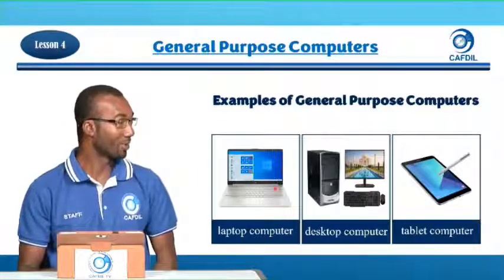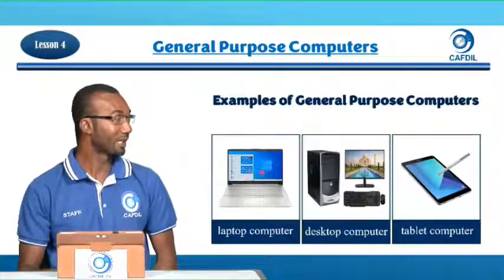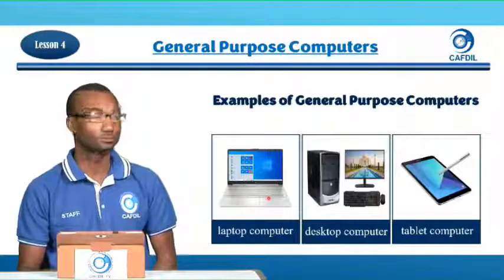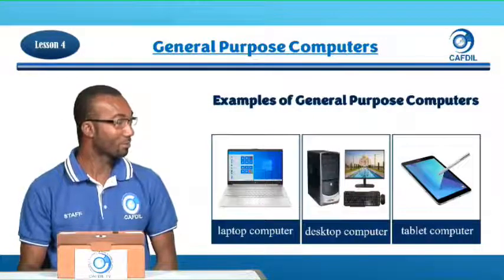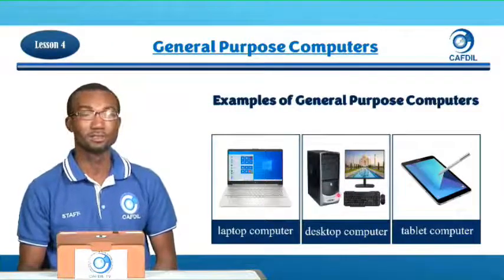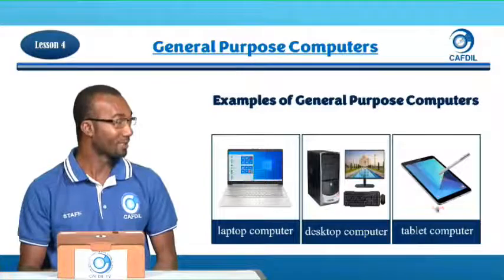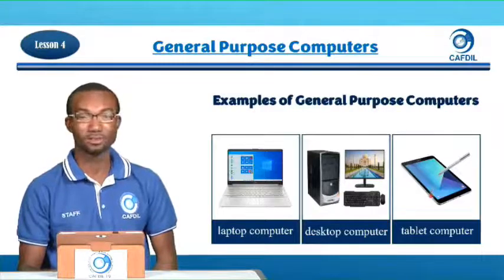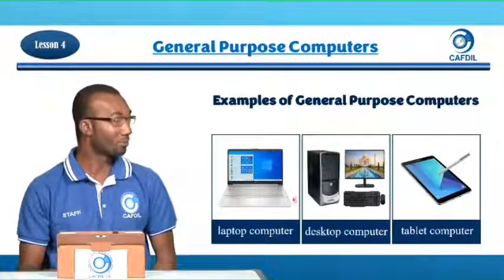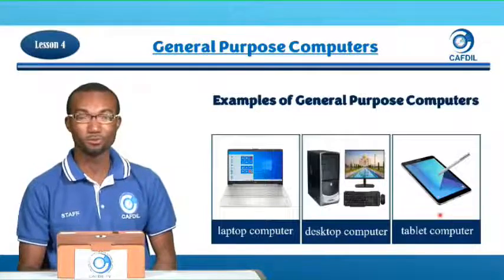So let's go through them. I have a laptop here. I can use this laptop to type my documents. I can use this desktop to type my documents. I can use this tablet to type my documents. So that is one task these computers can be put to.